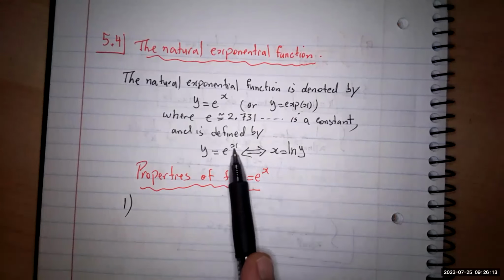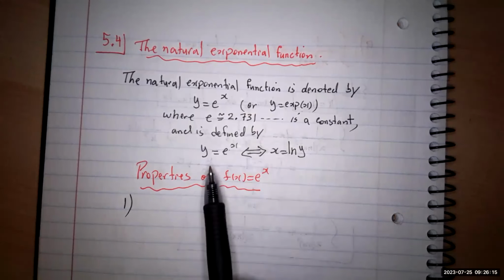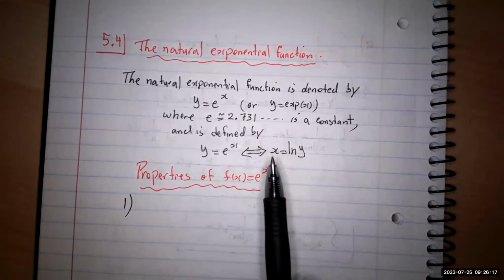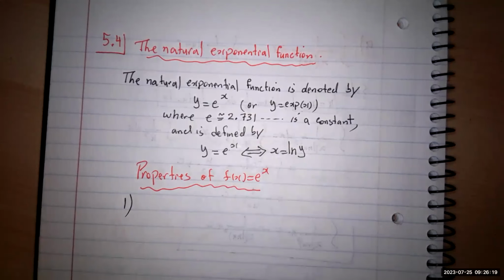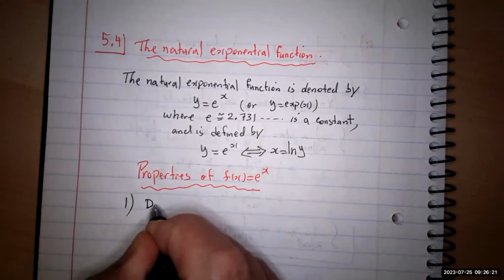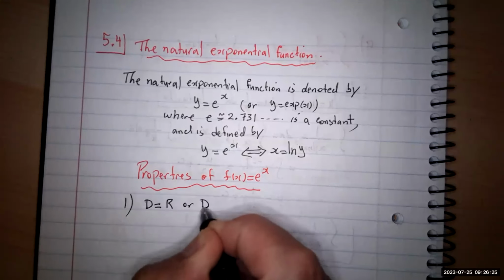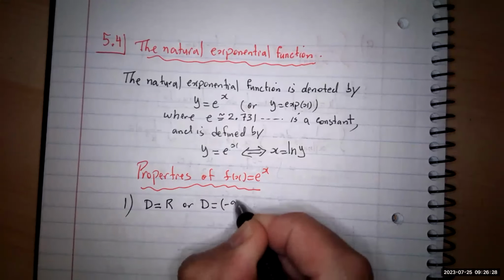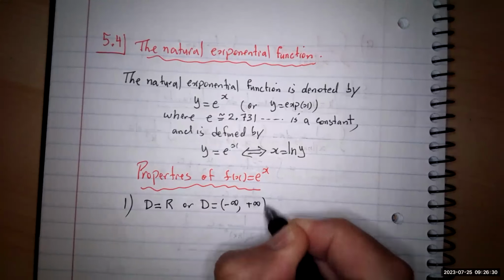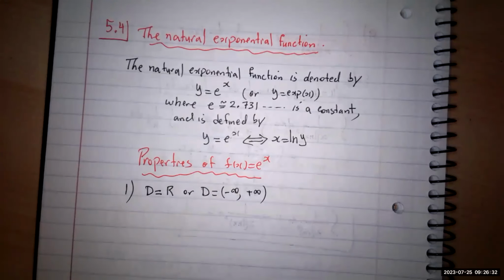Or besides, in e to the x, x is a polynomial, and the domain of a polynomial is all real numbers. So the domain is all the real numbers, R, or negative infinity to positive infinity. So there is no restriction on this function. It's always defined.